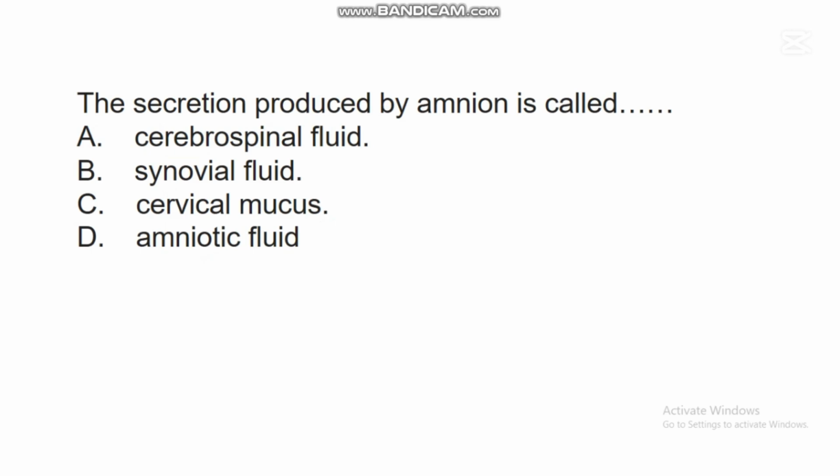In this question, the correct answer is D. Amniotic fluid. This amniotic fluid is the secretion produced by a structure called amnion. This fluid helps a baby. It helps in keeping the embryo moist in a pregnant woman.